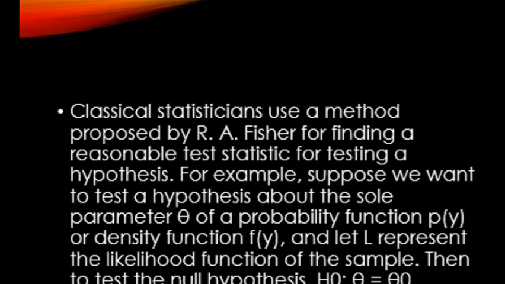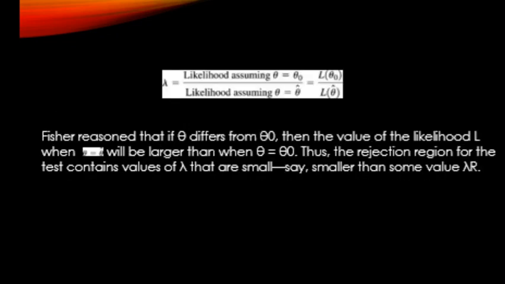If we have the null hypothesis H0: theta equals theta 0, the Fisher likelihood ratio test statistic is given as lambda equals the likelihood assuming theta equals theta 0, which is the null hypothesis, divided by the likelihood assuming theta equals theta hat, which is the sample statistic.